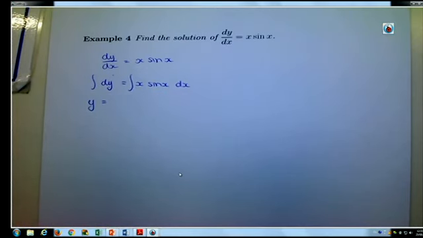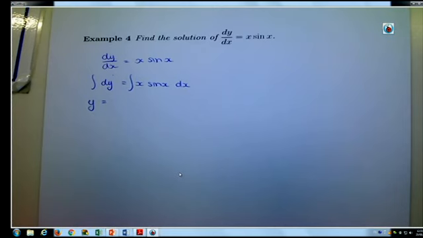Let me put a box around here. Okay, this is the little formula we're going to use. So we need to choose one of these things to be a u and one to be a v primed. And then we need to calculate the v and we need to calculate the u primed.